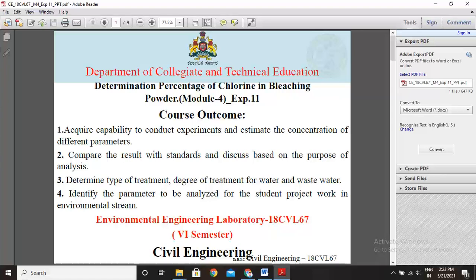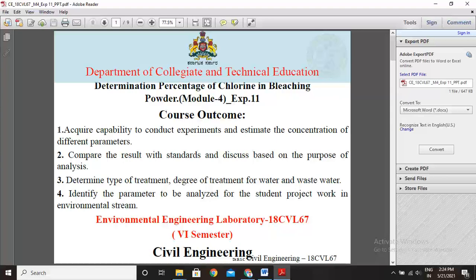Third outcome is to determine the type of treatment and degree of treatment for water and wastewater. Fourth outcome is to identify the parameters to be analyzed for the student project work in environmental stream.